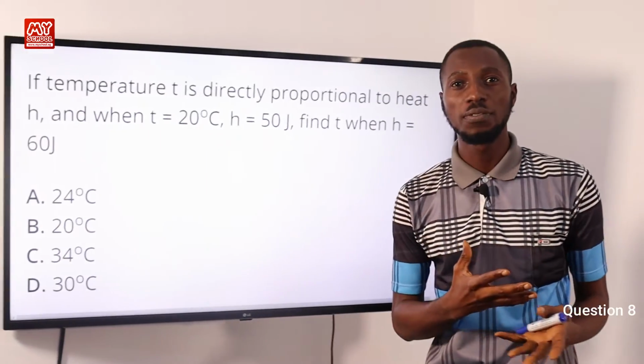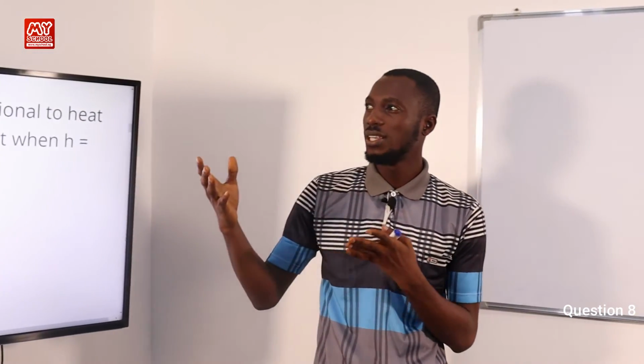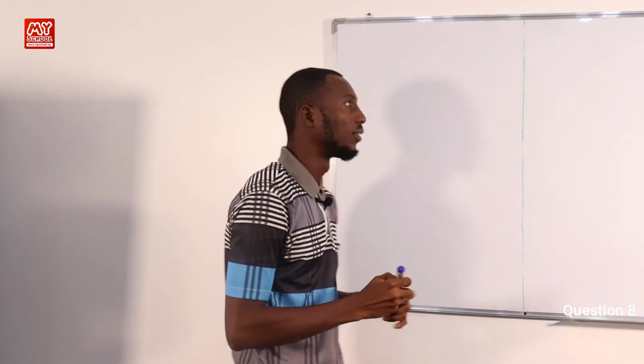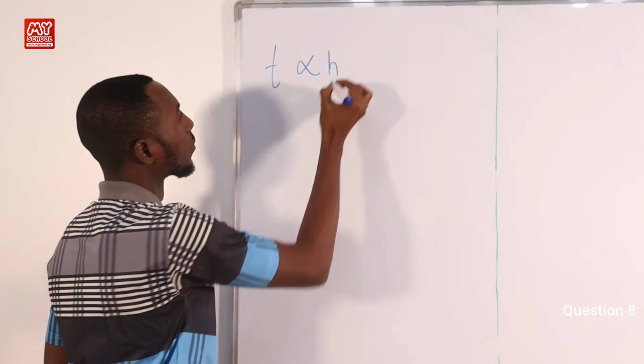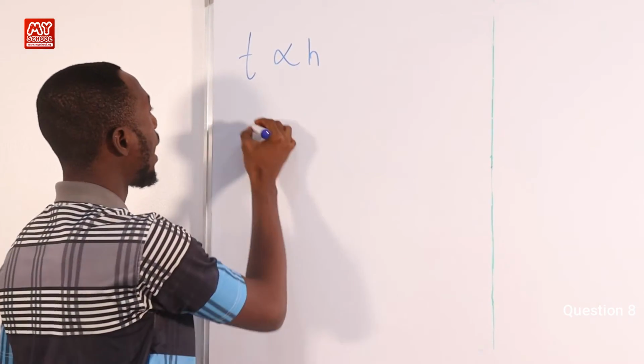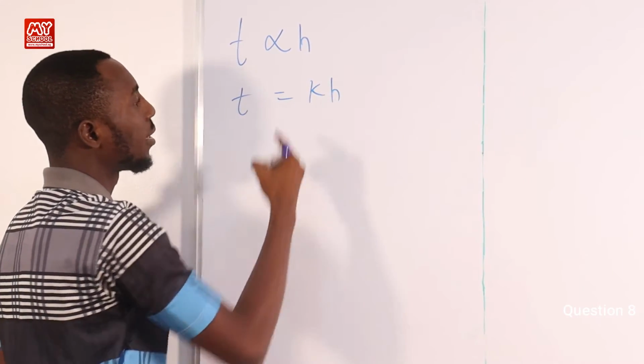Let's first interpret the first sentence, which is: if temperature T is directly proportional to heat. So we would have T equals KH, where K is the constant.